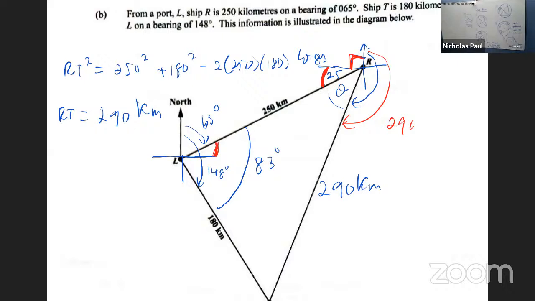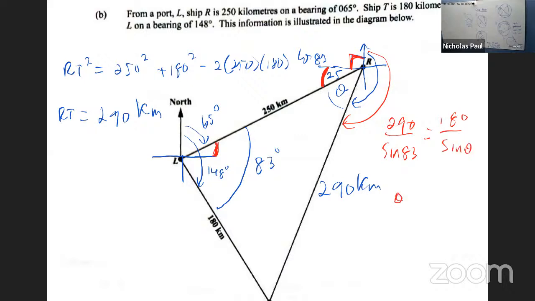So that'll be 290 over sine 83 is equal to 180 over sine theta.